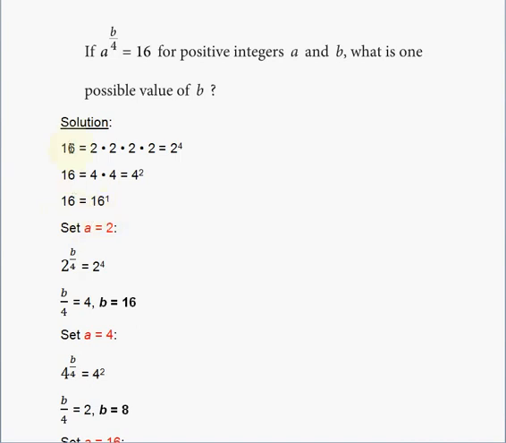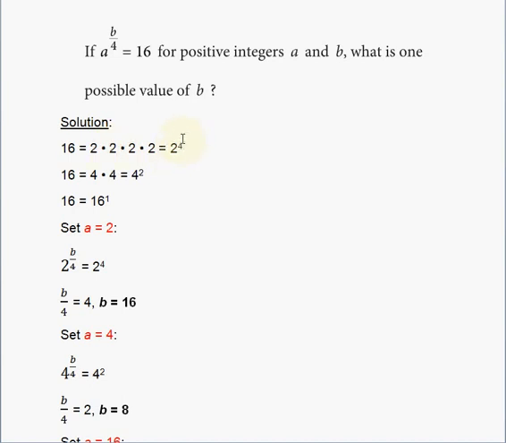First, some references that I provide before we play around with a's and find b's. When you're dealing with exponents, 16 can be expressed using bases multiplied by themselves. So we can express 2 times 2 times 2 times 2, which is equal to 16, as 2 raised to the 4th power, because there are 4 2's here.